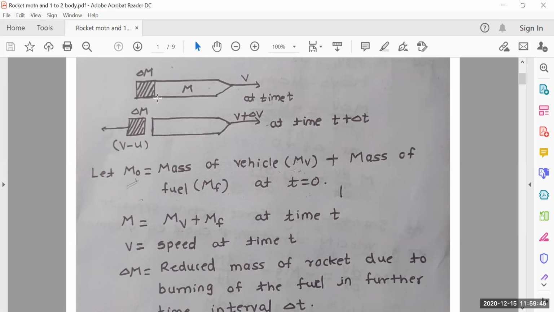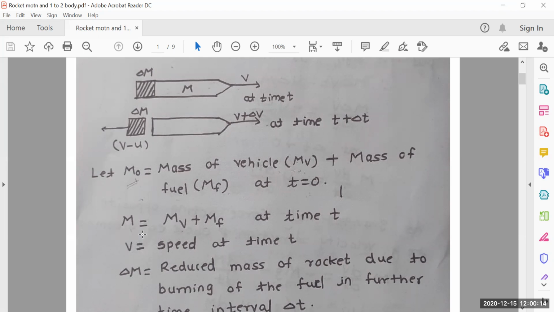So mv is the mass of vehicle and mf is the mass of fuel. At time t equal to 0, that means when the rocket is on the earth, when the rocket is at rest, the mass of this complete rocket is m0. Remember, m0 is the rest mass of the rocket when t is equal to 0.